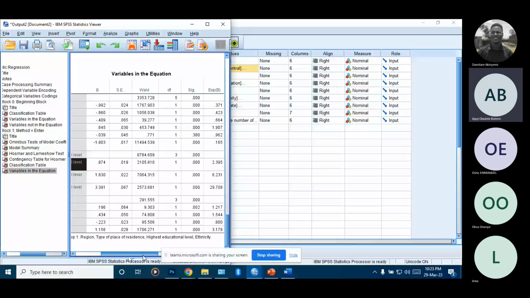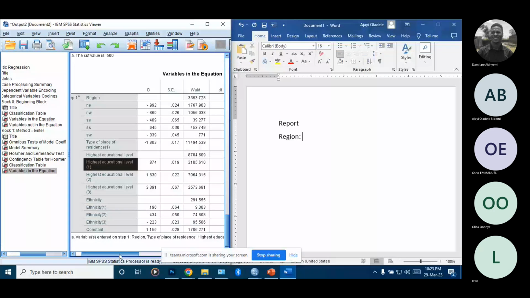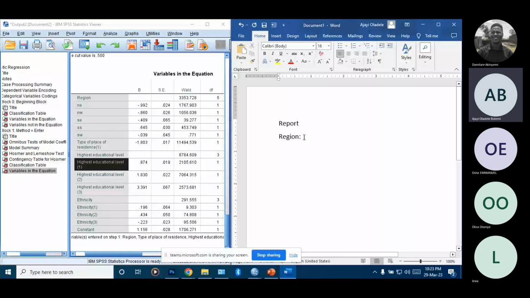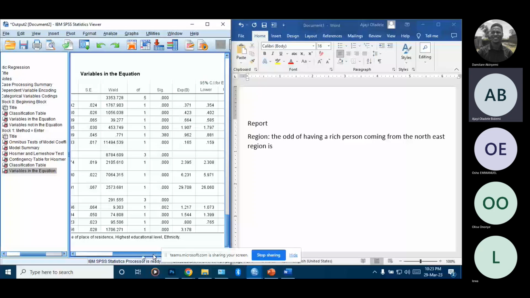Now, the report. For region, the odd of having a rich person coming from the northeast region is... Now, whenever our odd ratio is less than 1, we are going to be having less likely.